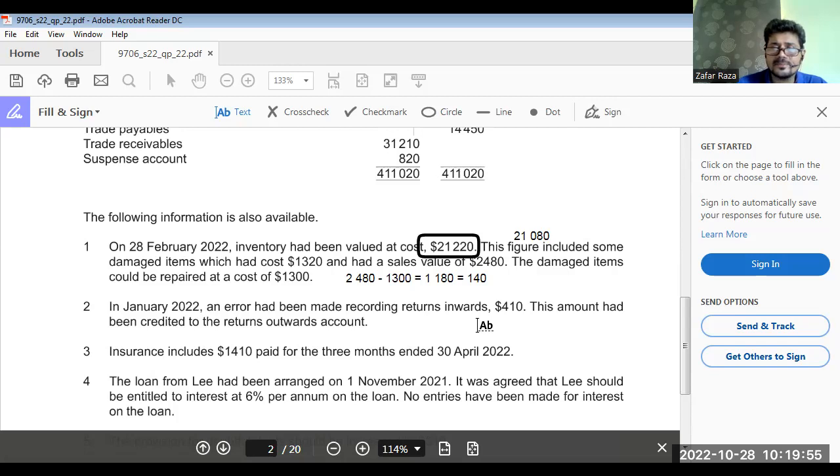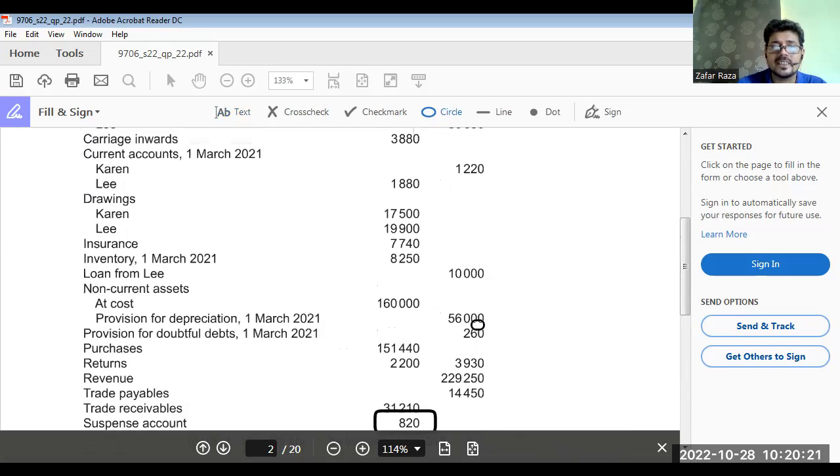And when we debit these two items, return inwards and return outwards, by 410 and 410, the suspense account of 820 will be eliminated after correcting these two errors. So it means we have to decrease return outwards and increase return inwards.